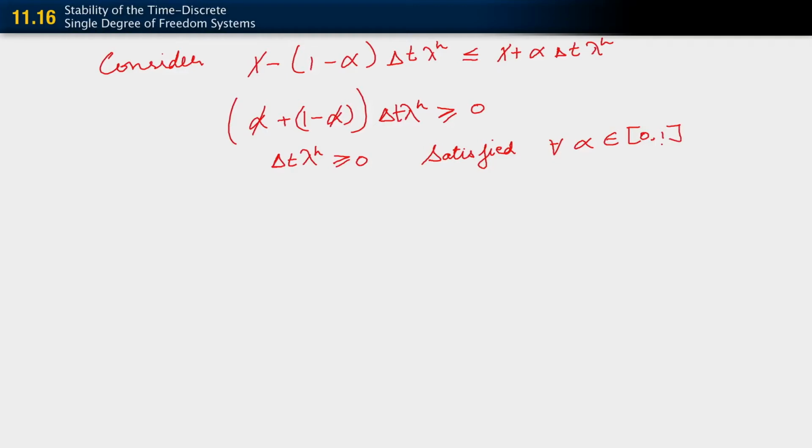All right, now let's consider the left hand side inequality. Okay, and that left hand side inequality is that minus 1 plus alpha delta t lambda h is lesser than or equal to 1 minus alpha delta t lambda h.